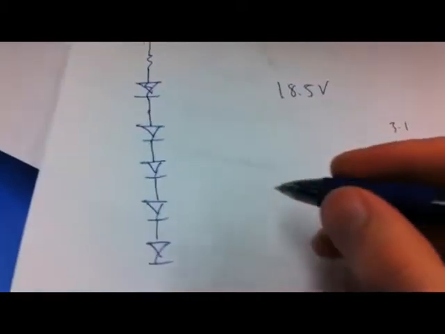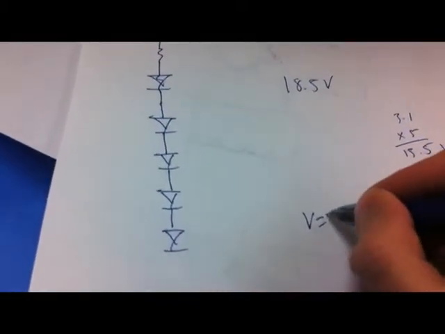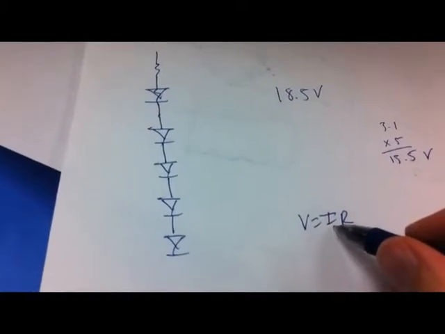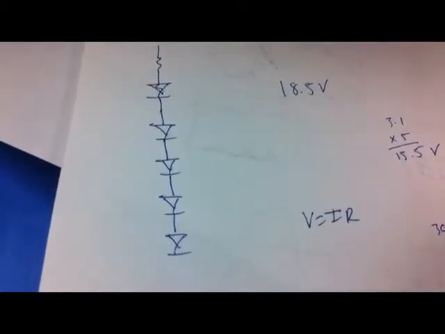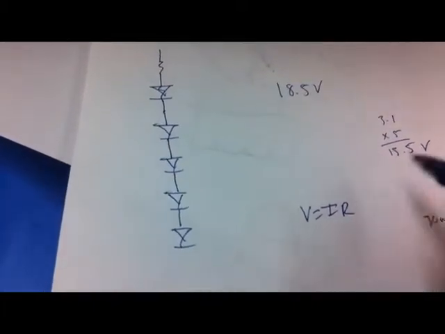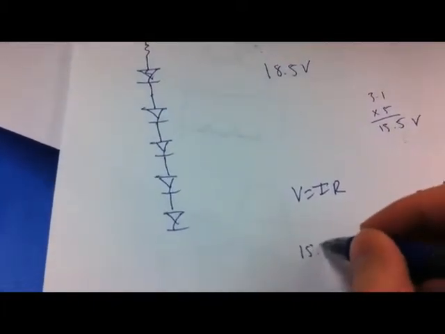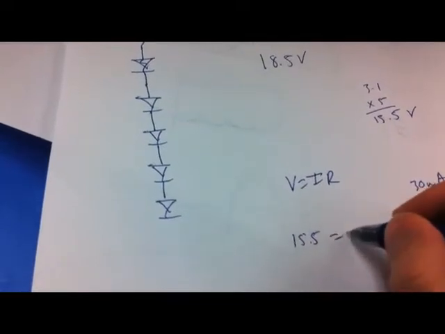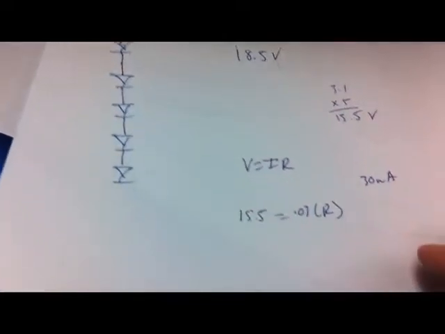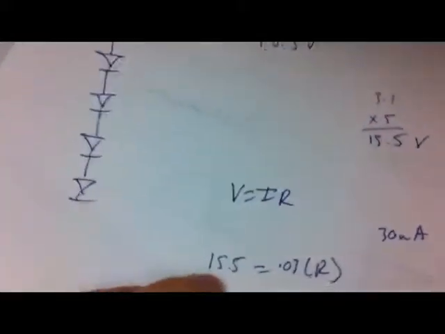Now we need to use Ohm's law, V equals IR. The max current is 30 milliamps, so 15.5 equals 0.03 times R. We need to know how large a resistor we need to limit the current going in.